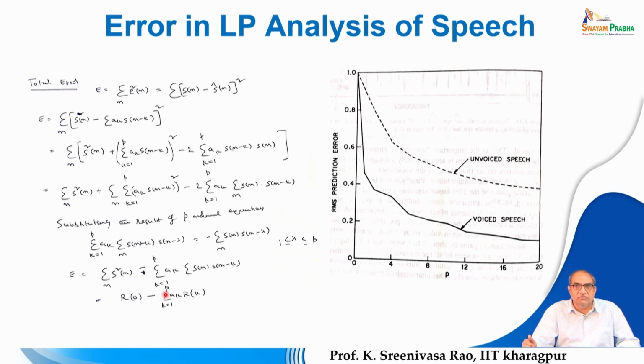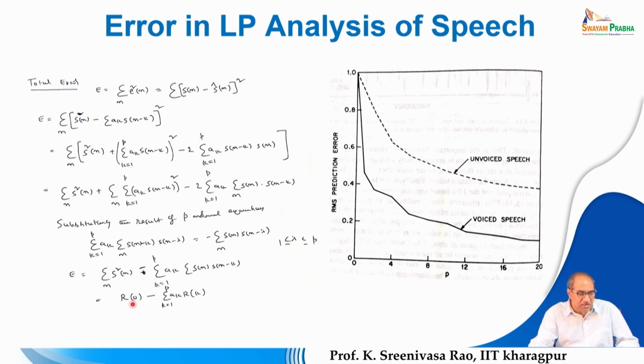That means p equals 0 means we do not know about the past history or the previous samples, and without any knowledge we try to predict the present sample. Obviously, if we do not have any information about the previous samples, it will be a random guess, and it provides the maximum, the highest error. So if you put p equals 0, then all the terms of ak into R of k, where k equals 1 to p, vanish and only R of 0 remains.